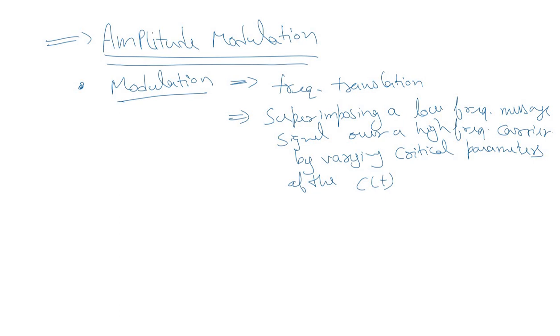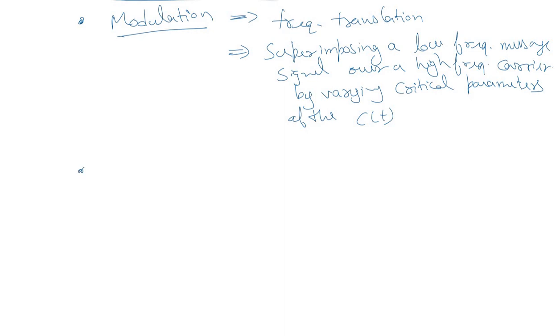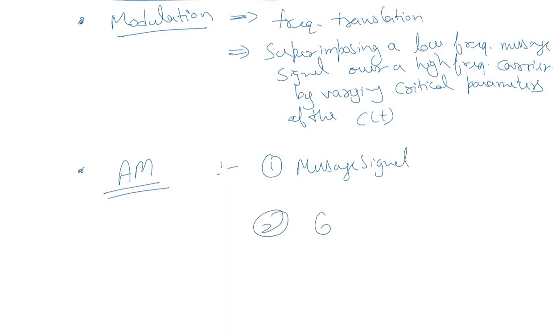Now we'll begin with the very first type of modulation technique, that is amplitude modulation. In amplitude modulation we will deal with 3 different types of signals. One is your message signal, second is your carrier signal, and third is your modulated signal.